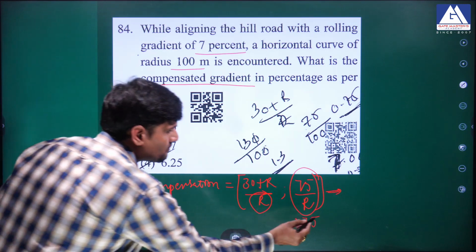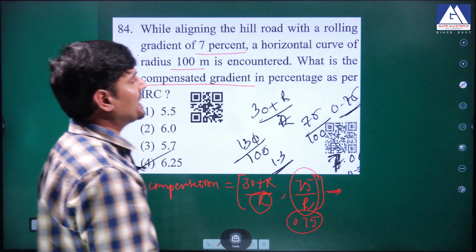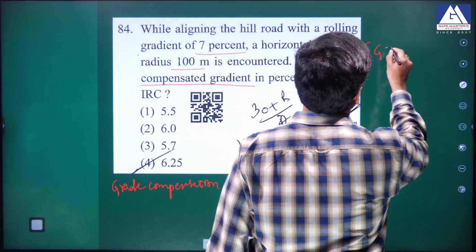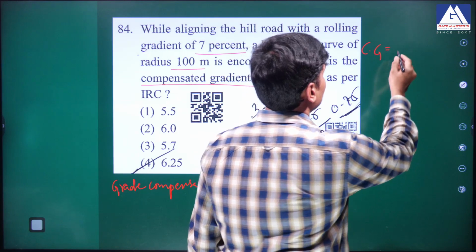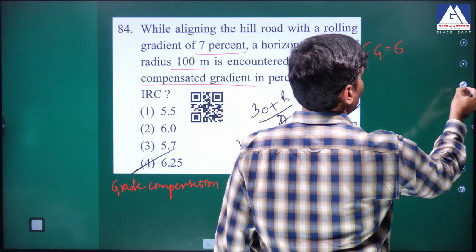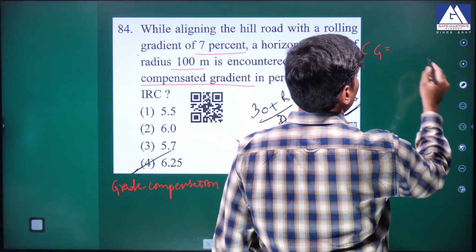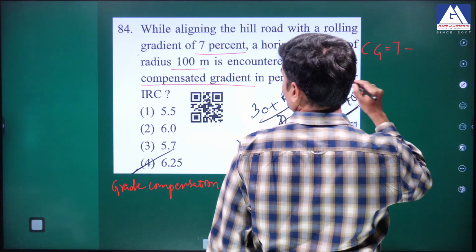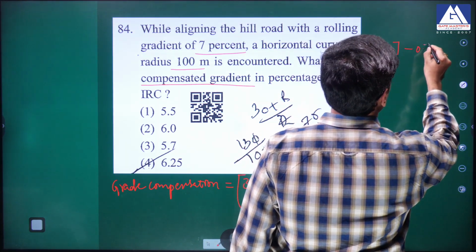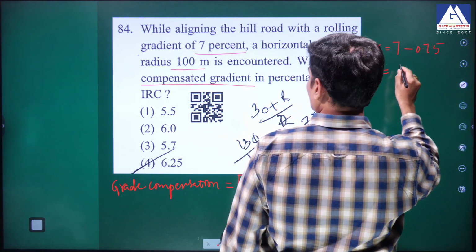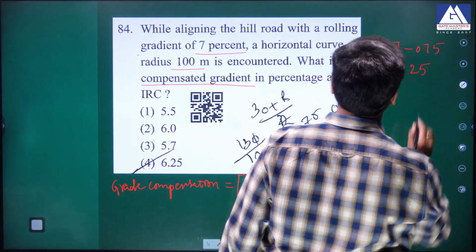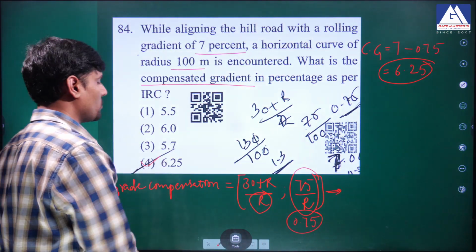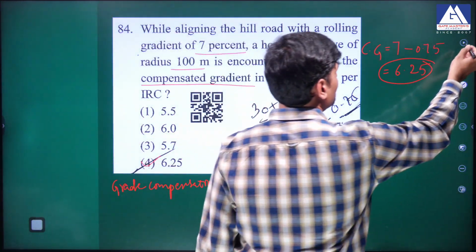If we deduct this 0.75 in order to get the compensated gradient, that means CG, the compensated gradient can be calculated by deducting the grade compensation from the gradient, that means 7 minus 0.75. So, this will give you something around 6.25. So, the compensated gradient is 6.25, therefore, option number 4. Moving on.